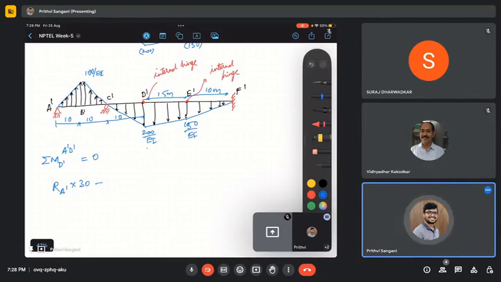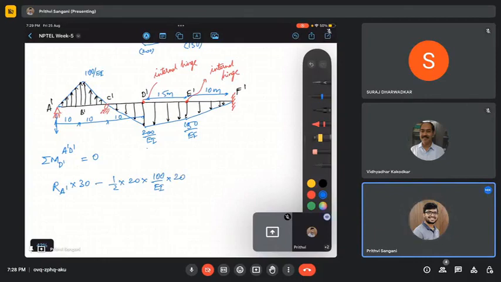however we have loading which is going upwards, right? Let us take R A dash as negative in the downwards direction. So R A dash times 30 minus, we have a triangular load, that is half into 20 times the height 100 by EI. Now the center of gravity of this triangular load is at 10 meters, so from D dash it is 20 meters distance.